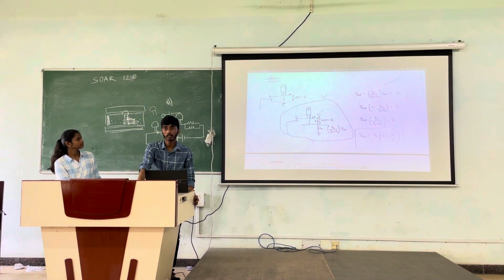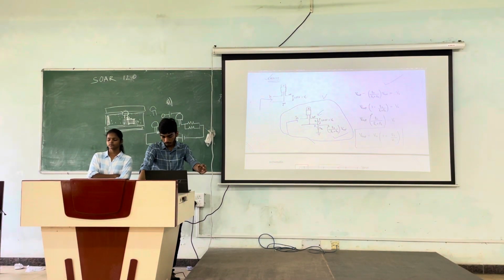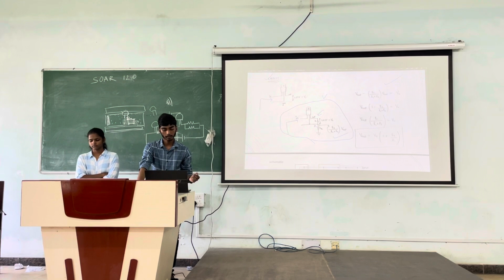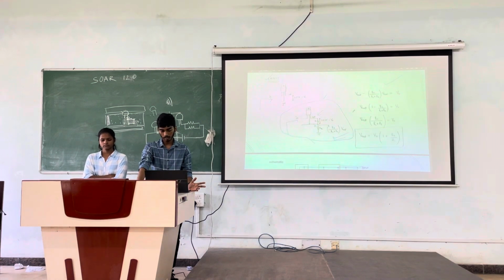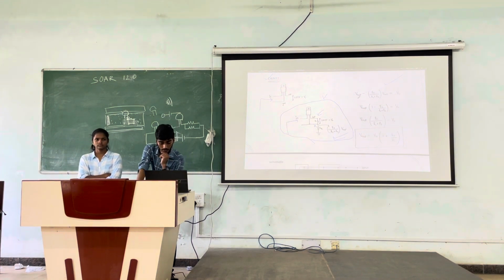So the potential at point A is R2 by R1 plus R2 times V out. We'll use this and do some very easy mathematical calculations. Just be with me.